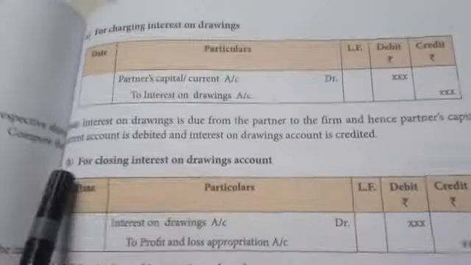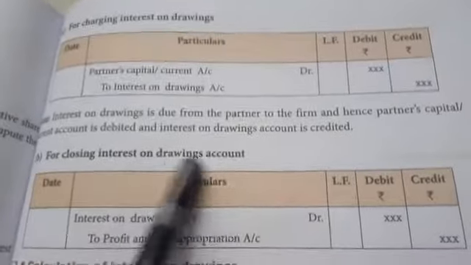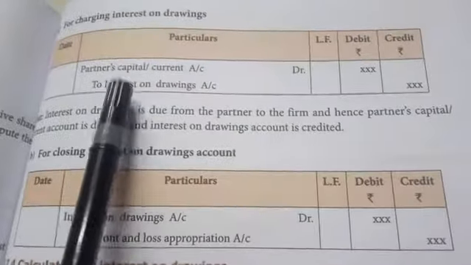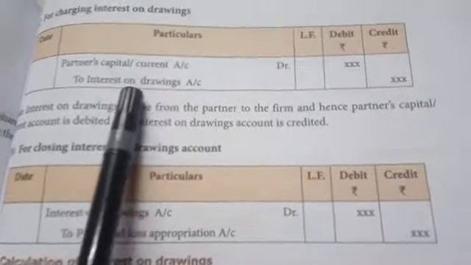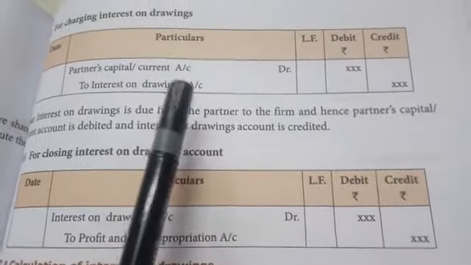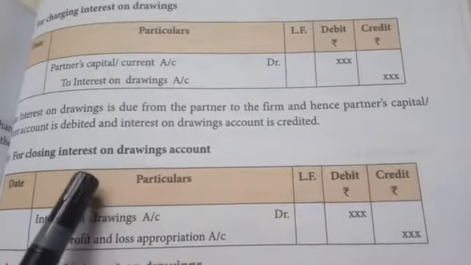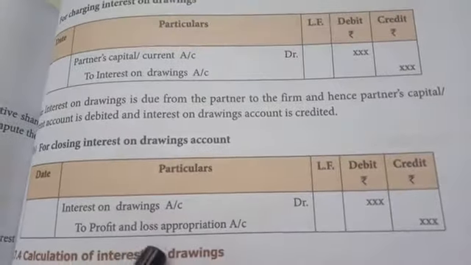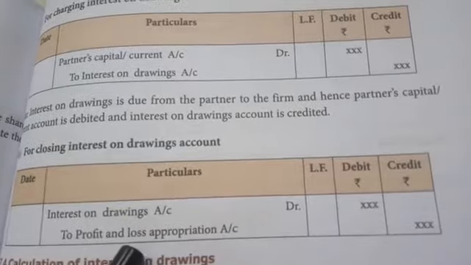Then for closing of interest on drawings: interest on drawings is credited in the adjusting entry, so it should be closed by giving equal debit. Then it should be transferred to profit and loss account because it should be treated as income to the business.